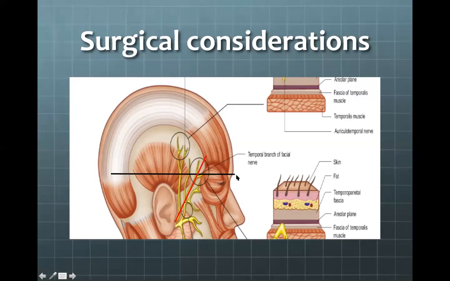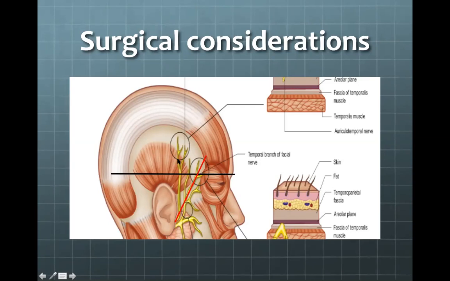Another important point is that if you draw a line from the start of the zygomatic arch here to the upper part of the ear, above the line, you'll have the nerve superficial to the superficial temporoparietal fascia, while if you go under this line, the nerve is deep to the SMAS, which is a continuation of the superficial temporal fascia.